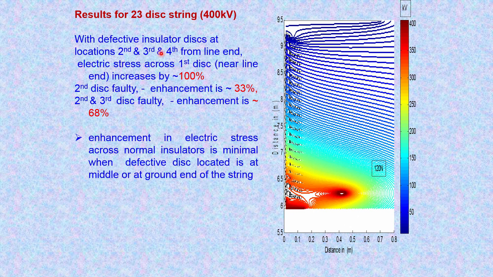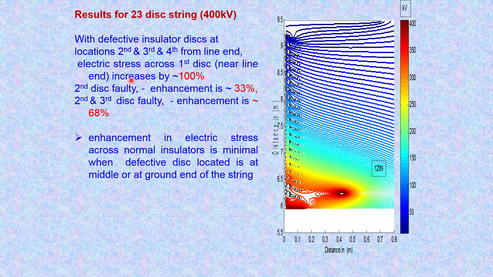You see the defective insulators which are located intentionally. We have simulated the faults at the second, third, and fourth discs from the line end. If that happens, what will be the stress near the first insulator, immediately after the line end?